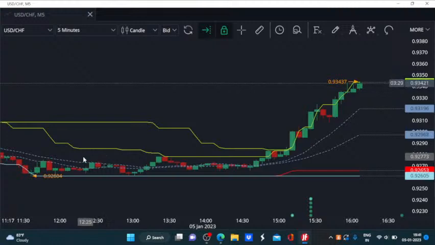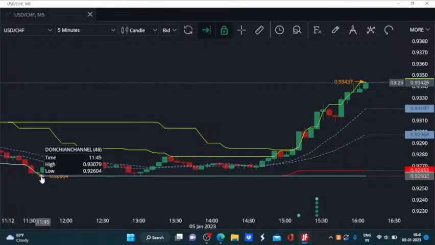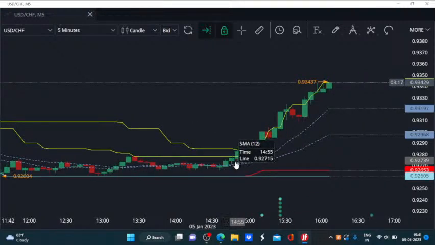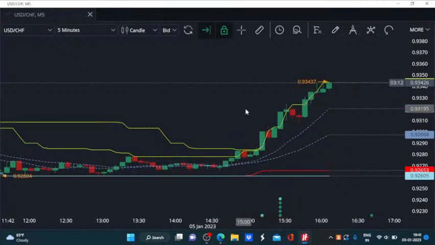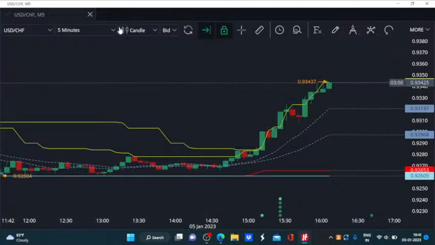So it is trading pretty much the way other European peers have traded for the day. This swing low came in quite early, and after that it was in consolidation phase with this surge in the dollar coming in a couple of half an hour back and then pushing the USDCHF higher.